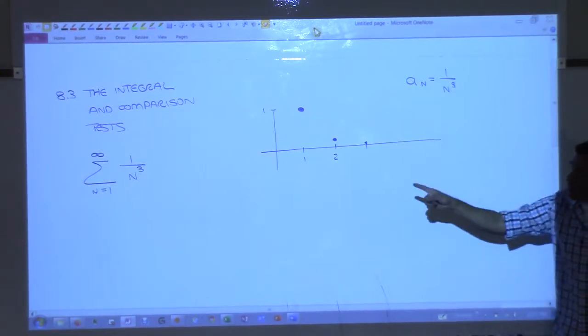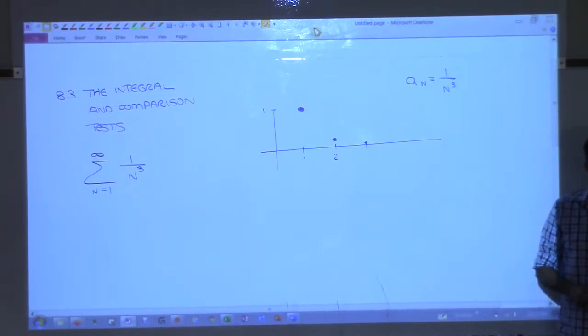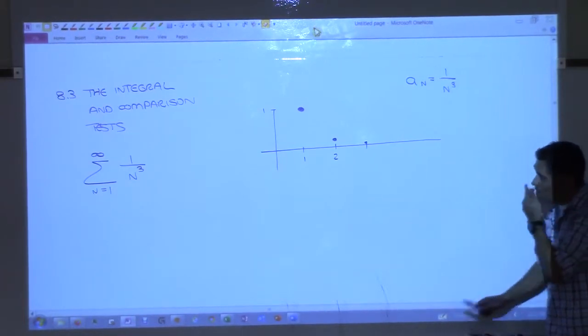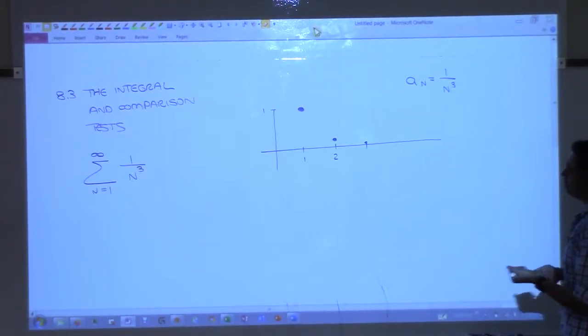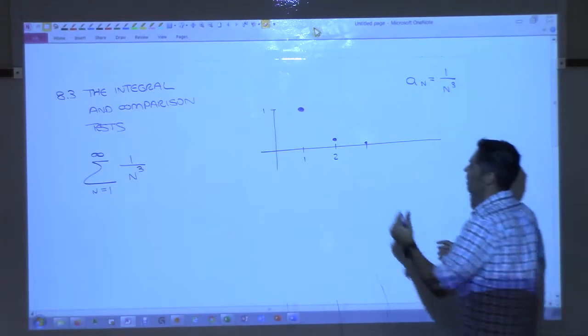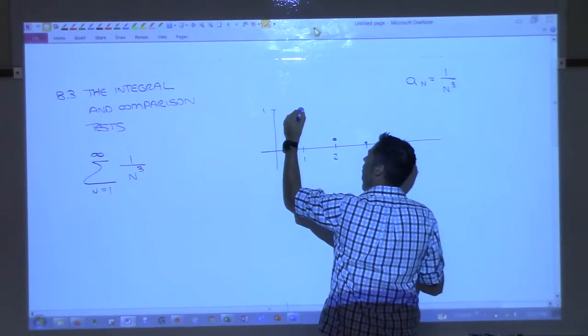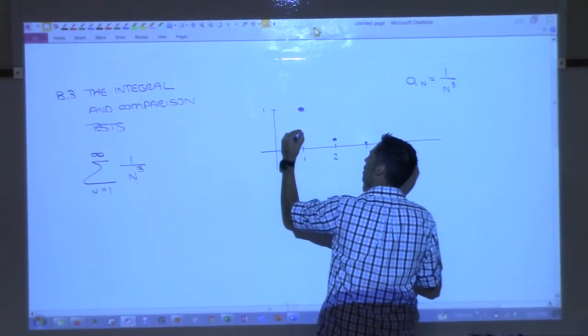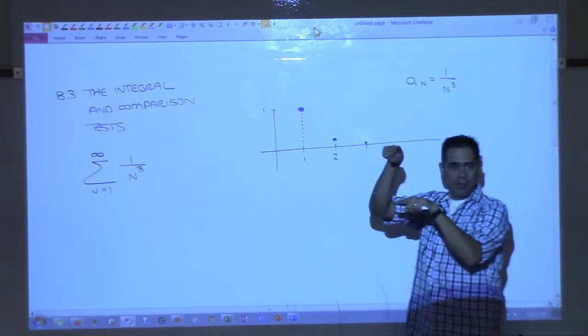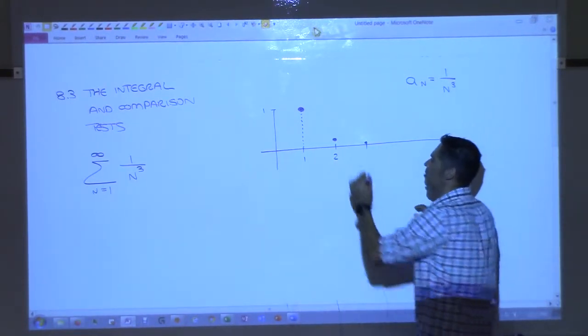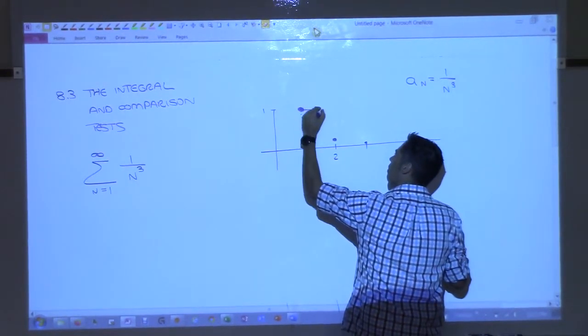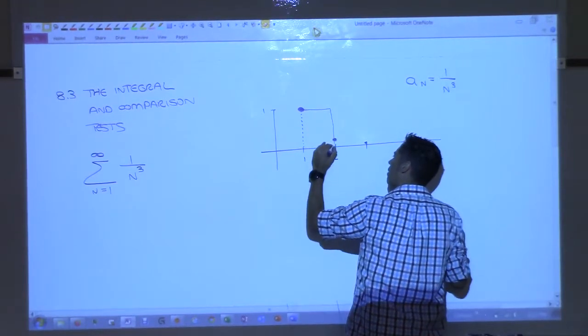Now, the series is us adding those up, right? Isn't it us just adding those up? So what if I do this? What if I were to measure the height from here to here? Right, that's 1, yes? And what if I took that and drew a line to the side and straight down like that?